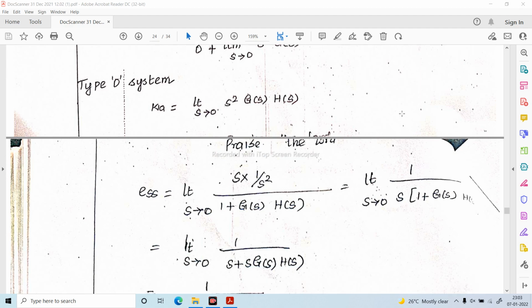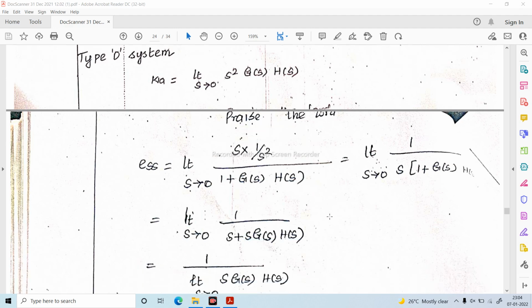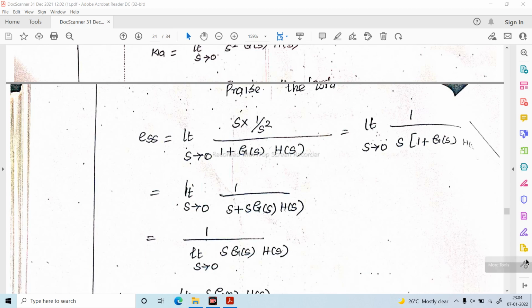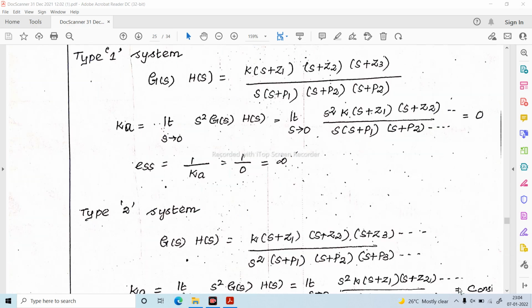And next we have to apply the type 0 system. For a type 0 system, s into 1 by s square divided by 1 plus g of s into h of s. Okay. Here I am going to explain the type 1 system. G of s into h of s is K into s plus z1 into s plus z2 into s plus z3 divided by s into s plus p1, s plus p2 into s plus p3.